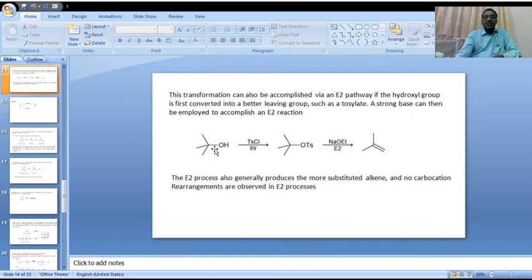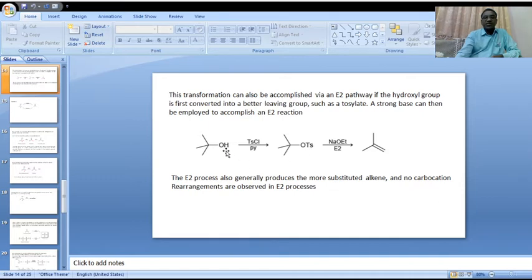Tertiary alcohol on reaction with tosyl chloride in presence of pyridine. Here what happened? This is a weak leaving group or bad leaving group. In the first step, this bad leaving group is converted into a better leaving group.